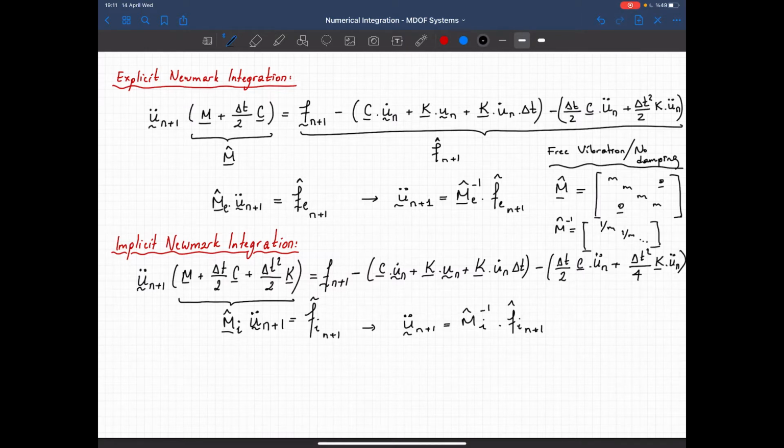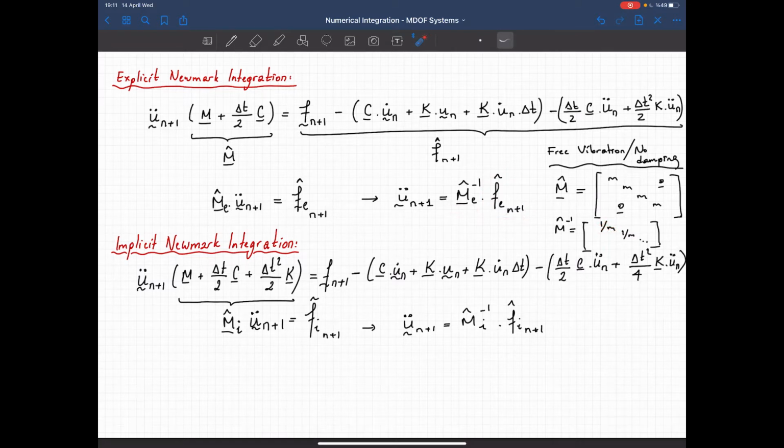Now this brings us a big advantage of the explicit Newmark algorithm. Let's forget about the damping for now. If we don't have damping, I don't have to do any matrix inversion. All I have to do is to multiply this F hat vector with the inverses, or 1 over M values.